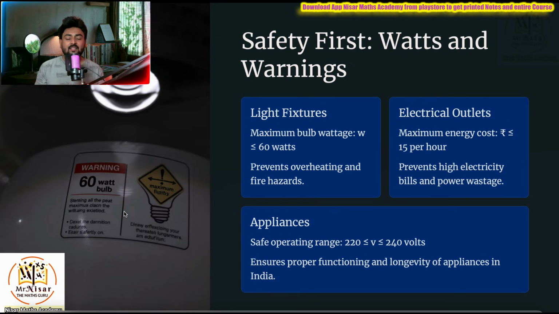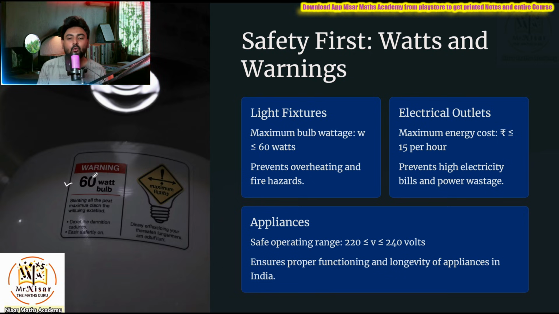Yeah. The next example I have put on the screen is safety first, watts and warning. You have seen this on geysers and on electric appliances. If you have noticed, something is written here: 60 watt bulb warning. Here I have shown how we apply the inequalities, children. Light fixture, maximum bulb wattage should be less than or equal to 60 watts, which prevents overheating and fire hazard.